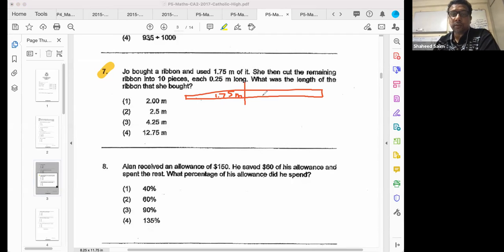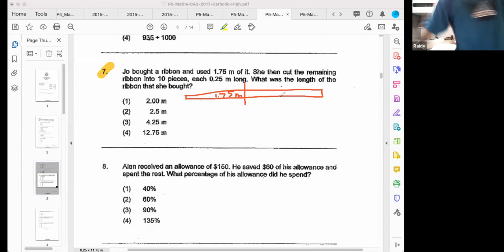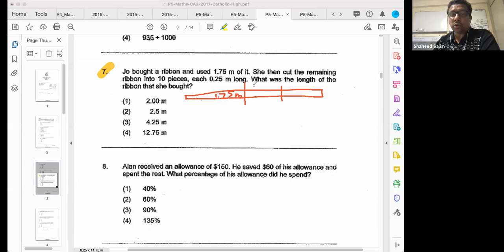Yes, please. So down here, there's 10 parts, you know. Those of you who are not sure, there's 10 parts here. Okay, 1, 2, 3, 4, 5, 6, 7. Probably there's 10, so you have 5 and 10. And each one is 0.25 meters long.